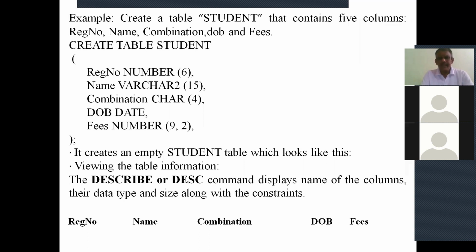After the decimal point, 2 places are reserved. It means a 6-digit number, then a dot, then after the decimal point 2 digits, that is 9 in total.